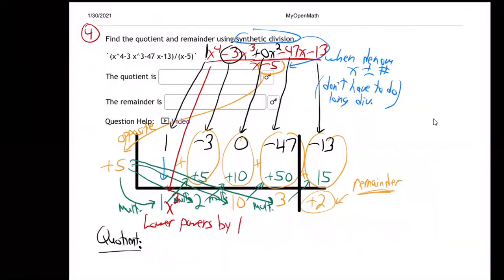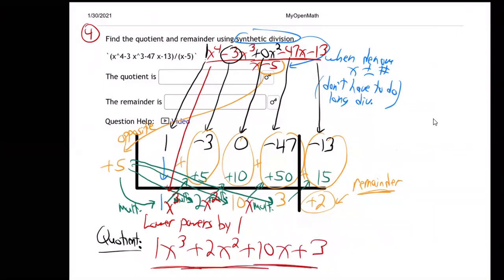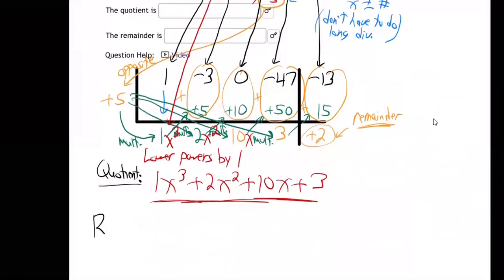So this will be x to the third, x squared, regular x. So it'll be 1x to the third plus 2x squared plus 10x plus 3. There's the quotient. And the remainder is 2.